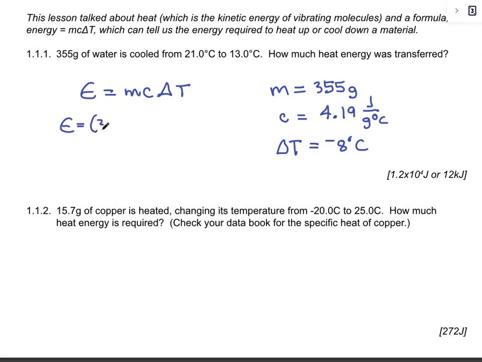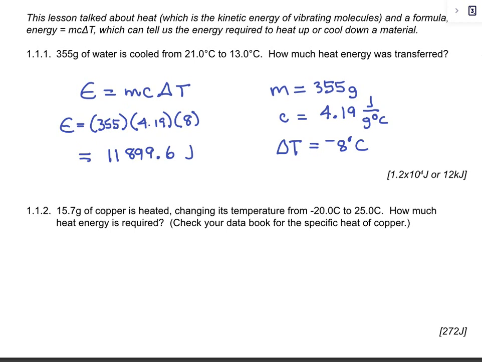So if we do mass times specific heat times temperature change, and then we mash our calculators, 355 times 4.19 times 8, I get 11,899.6, and this is energy, so it's measured in joules.